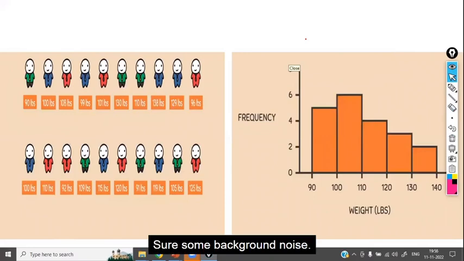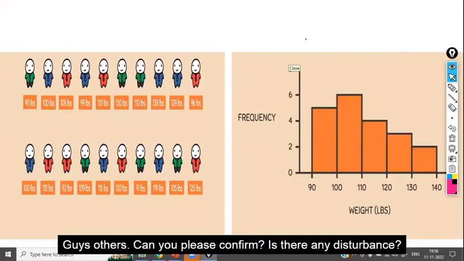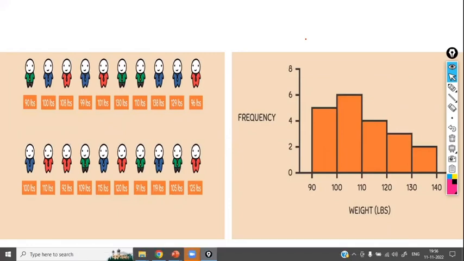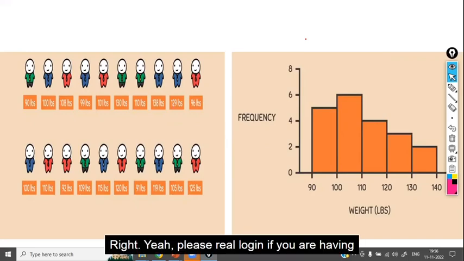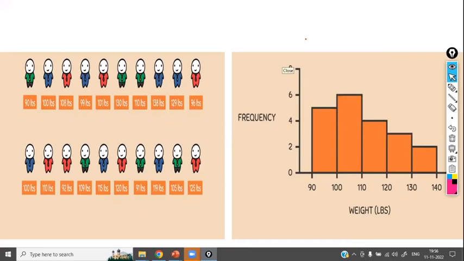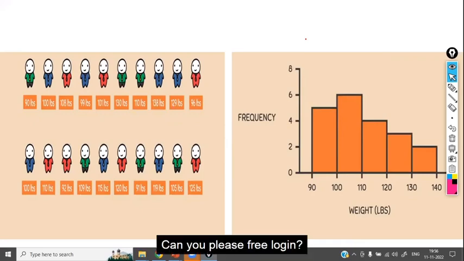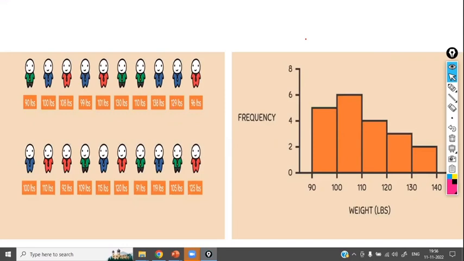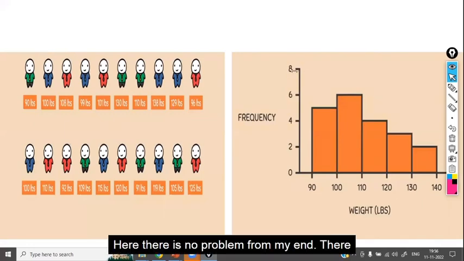Sir, some background noise. Guys, others, can you please confirm? Is there any disturbance? Voice is clear? Yeah, please re-log in if you are having any issue, because others are saying it is clear. From my end, there is no problem.